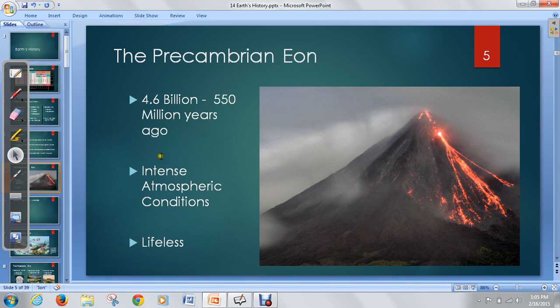This time is known for intense atmospheric conditions. Basically lots of volcanoes and black ash, very similar to Venus's atmosphere, with sulfur dioxide and all different types of carbons in the air.